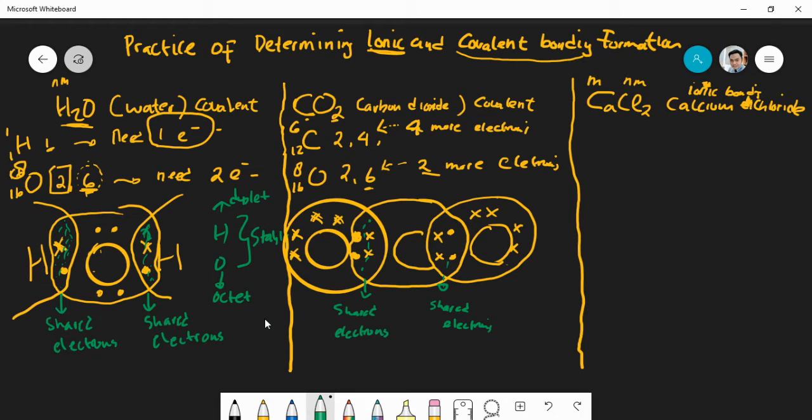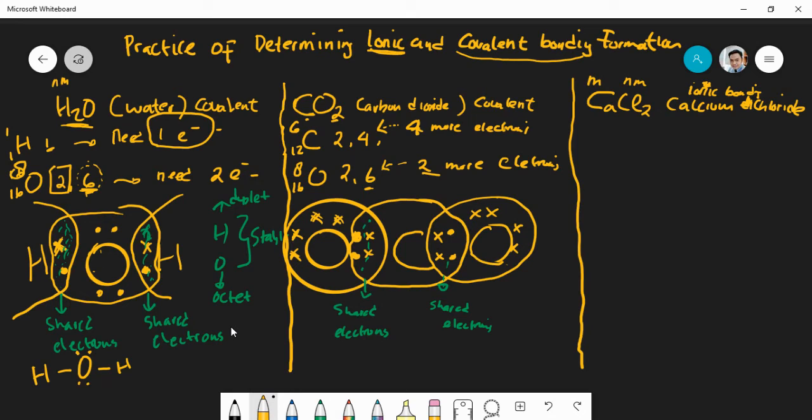I'm going to give you a little bit more here. Every one pair of shared electrons, I repeat again, every one pair of shared electrons forms one bond. So in water, there is one bond representing this pair of electrons between oxygen and hydrogen, and this is what we call the lone pair, the electrons on the center atom that are not used in bonding.